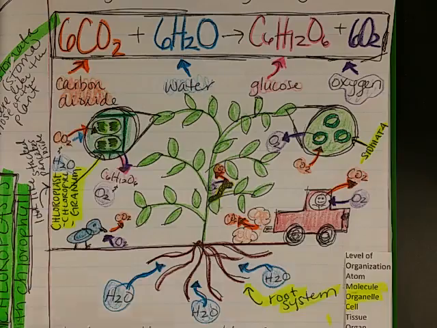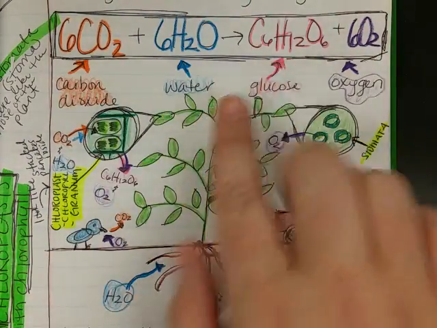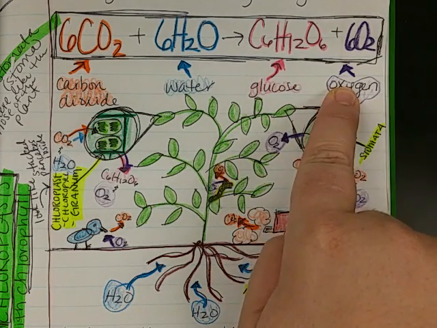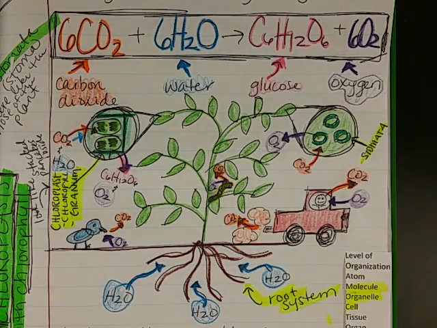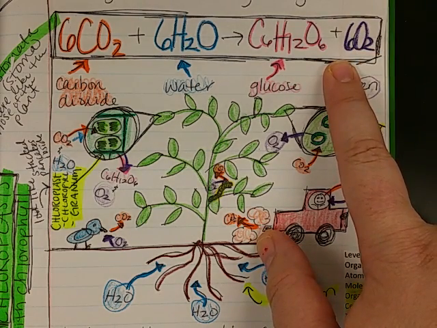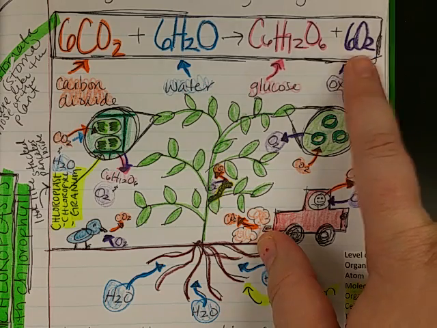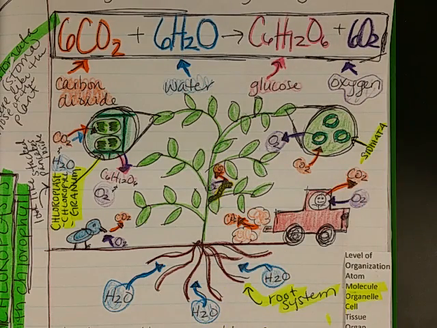Okay, so we're taking carbon dioxide and water, and we're rearranging the atoms to make a glucose and 6 oxygen molecules. Now because this is O2, this is actually 12 oxygen atoms, right? So there's 12 oxygen atoms in 6 O2.